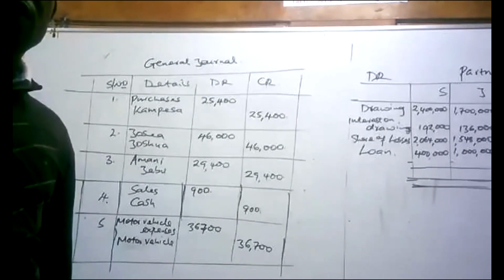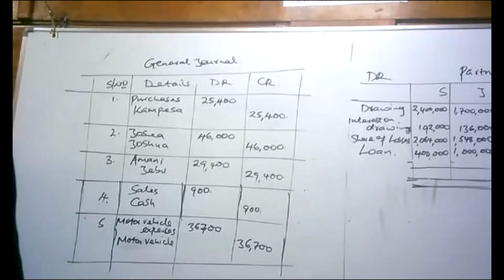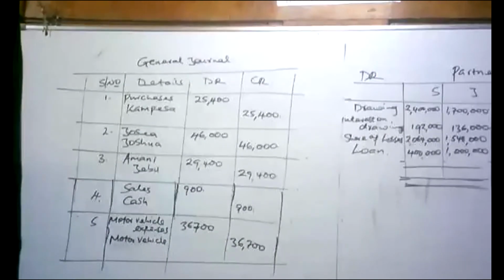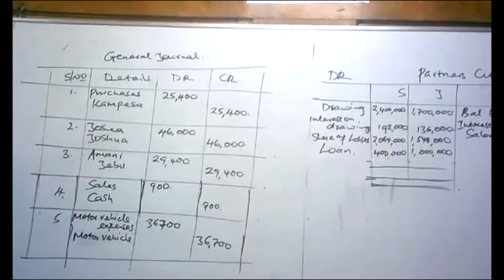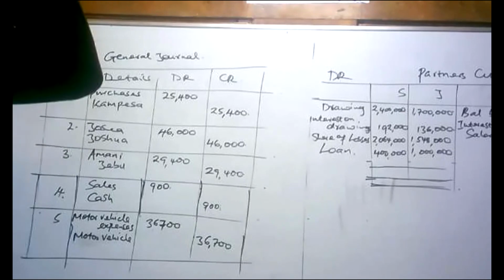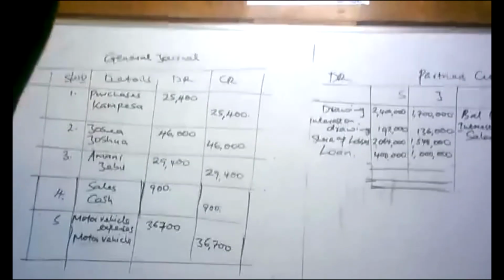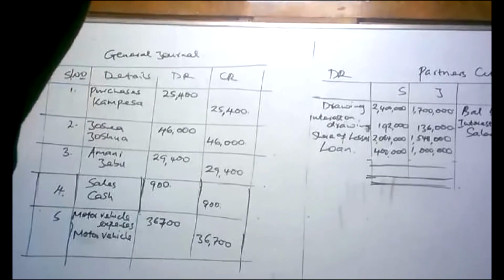When you look at number 4, a cash sale of 5,650 was entered into the book as 6,550. So you said that when there's an overcast, what do we do? We record with that figure, that 900.